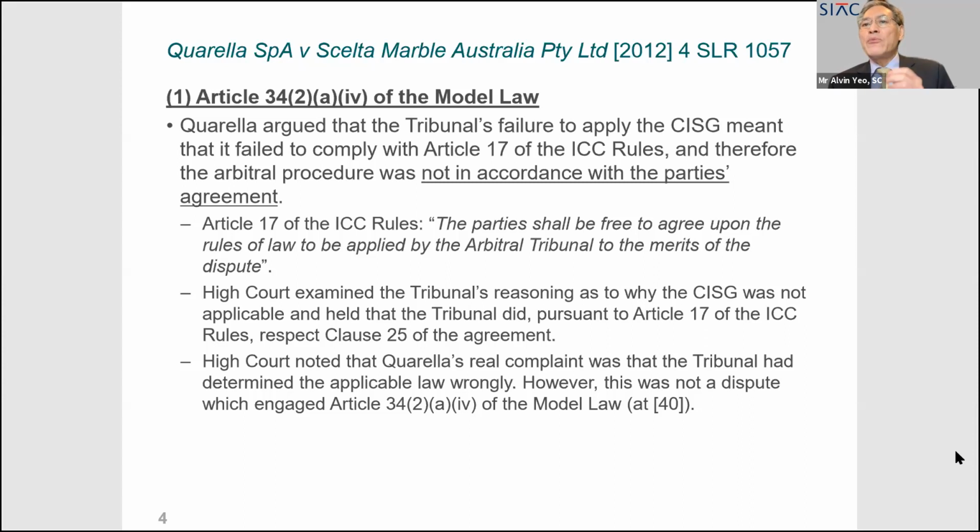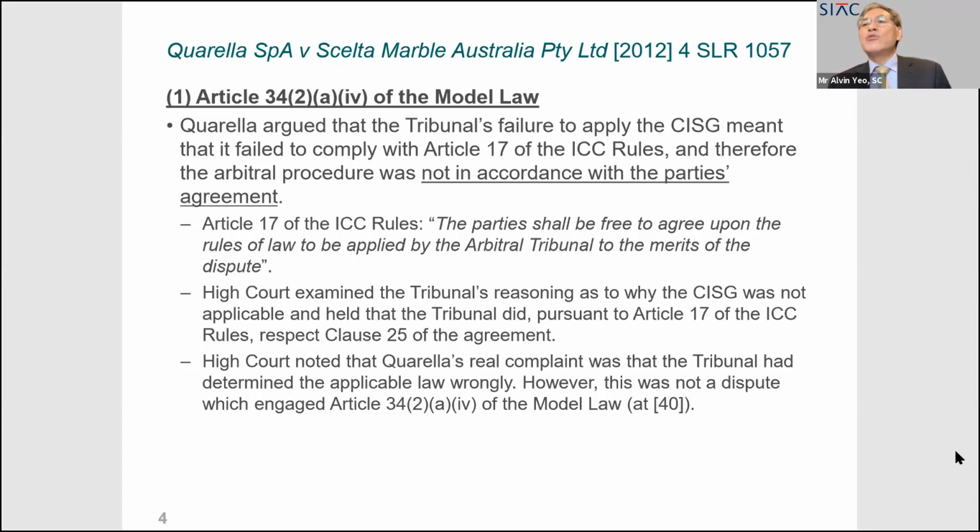The High Court then went on to say, really Corrella's complaint was that the tribunal had, if you like, applied clause 25 wrongly, by determining that the CISG did not apply and hence to apply Italian law.